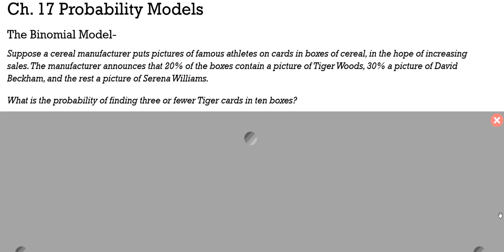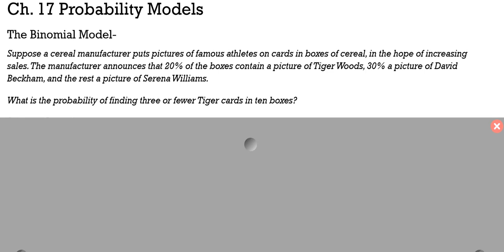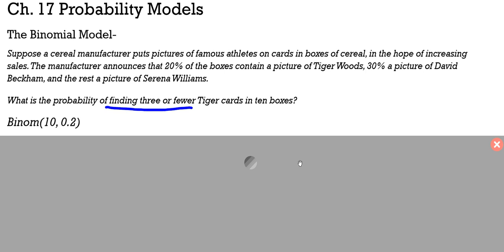Another way is, what's the probability of finding 3 or fewer cards in 10 boxes? Now this is where we really want to be paying attention to our phrasing of the question, right? 3 or fewer Tiger Woods cards. So what we're looking for with that binomial model, again, we've got a finite number of trials, and we're looking for, in this case, 0, 1, 2, or 3, because 3 or fewer.